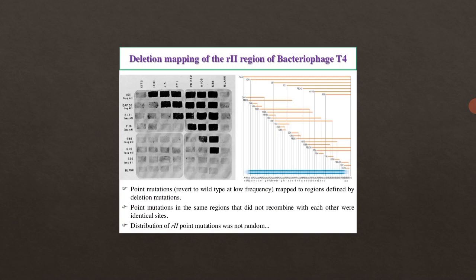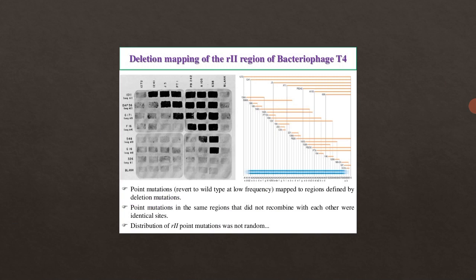Point mutations in the same regions that did not recombine with each other were identical sites. These points are for T4 bacteriophage. The distribution of the R2 point mutations was not random, it is a sequenced mutation.